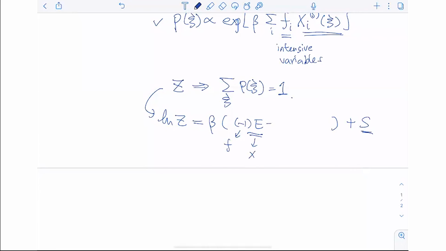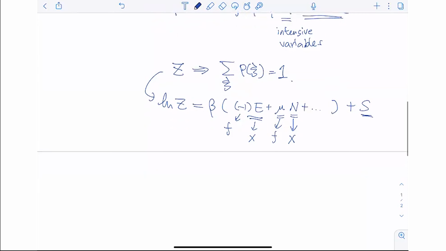And if we are thinking about the grand canonical ensemble, we will have a fixed chemical potential and the particle number. Again, this one is the intensive variable that is kept fixed, and N is the extensive variable, which is allowed to exchange with the bath. And you can add other things according to your need.